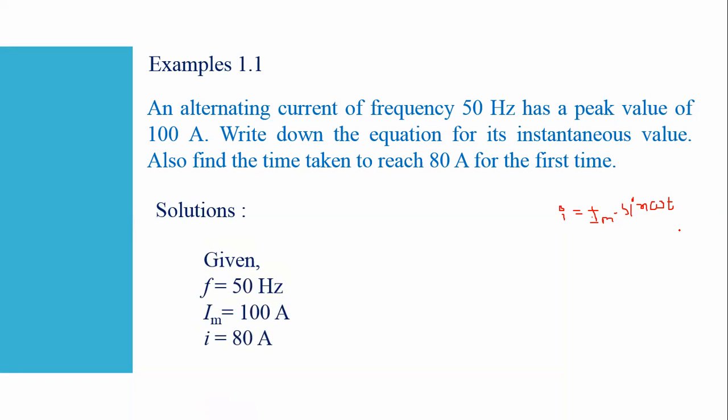These are the data which is given. So first of all, tell me your instantaneous equation. I am waiting for your response. This is the general form and these are the given data. I don't think that you are not getting the answer because it is very easy.